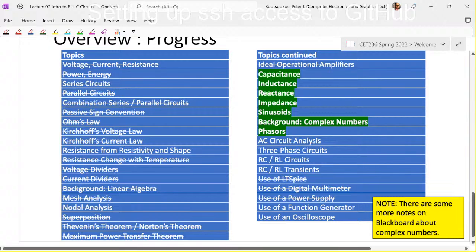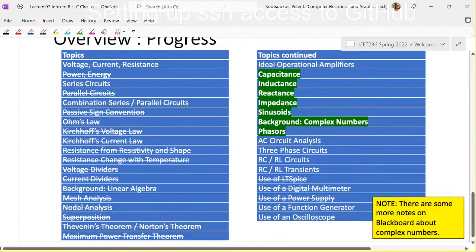Everything there applies exactly the same way, except there's a little bit of a jump from representing, now instead of constant voltages, we're going to be dealing with sinusoidal voltages at a particular frequency. It's a little bit of a jump from there to complex numbers, but it's only a relatively small jump.